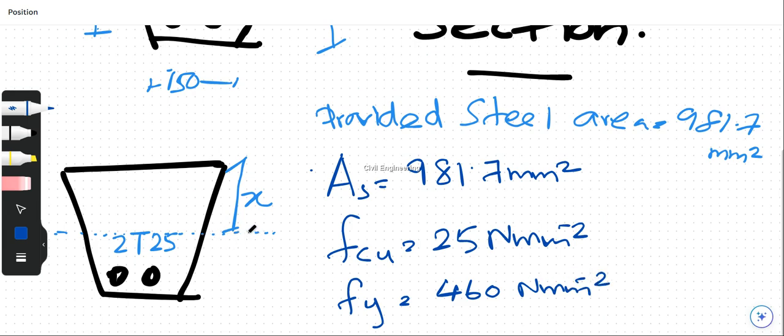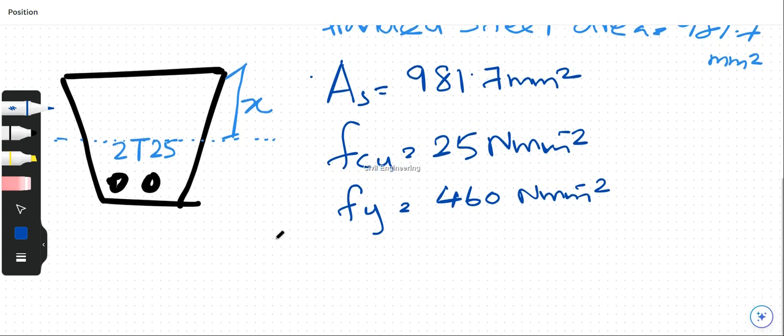This is also just like a rectangular section. We have to analyze this, and I use here the trial and error method, or otherwise we can use the quadratic equation method. I will use both of the methods in this video.